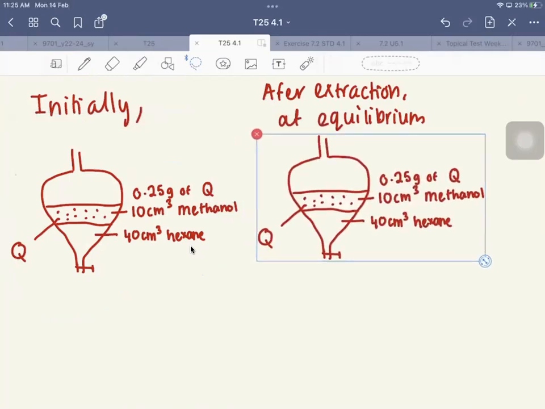And paste it. Okay. It was found that 0.060 grams of Q was extracted into the hexane.